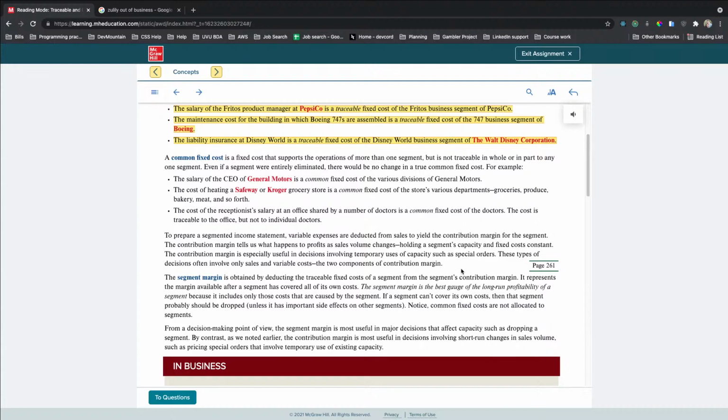Variable expenses are deducted from sales to yield a contribution margin for the segment.